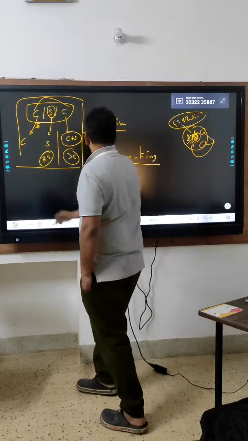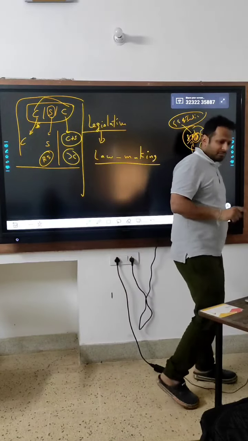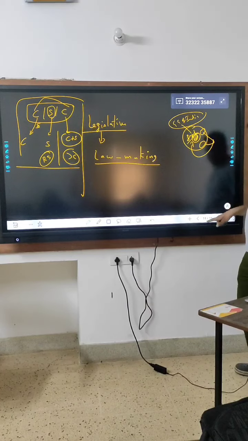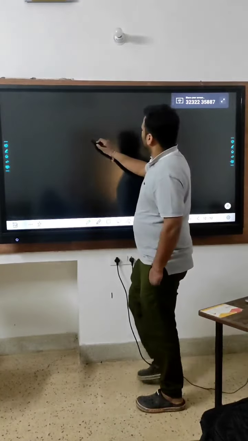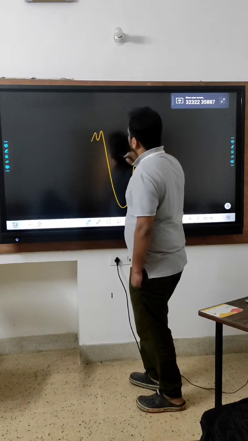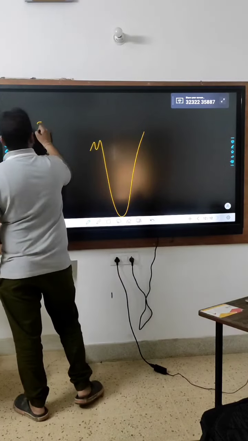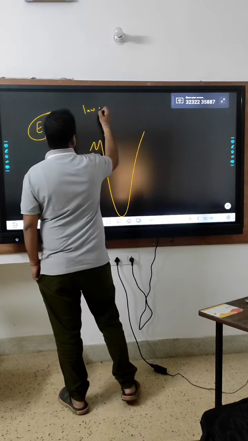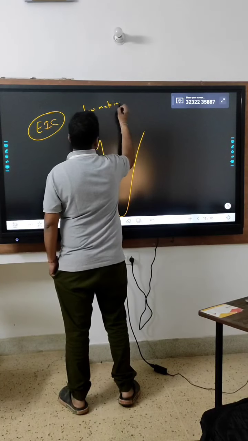But for now, what I was saying, Governor General of India was given exclusive power for entire British India. That means in the whole territory of British East India Company, the power of law making is with whom?